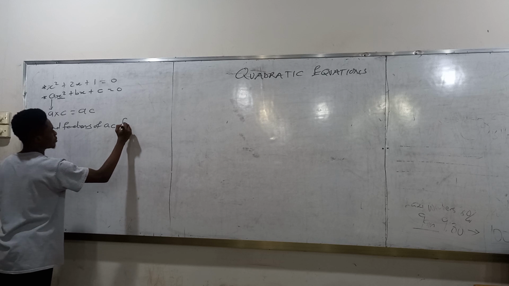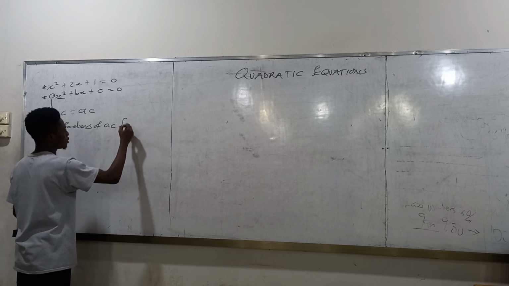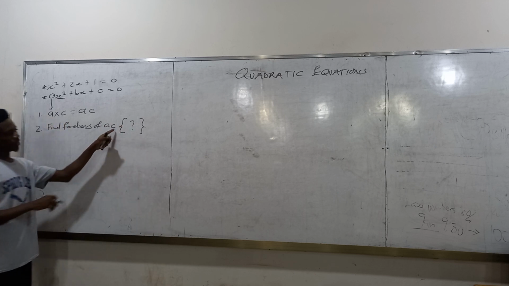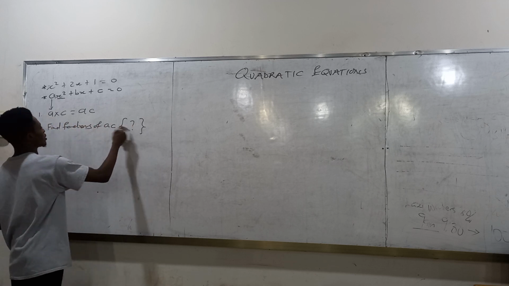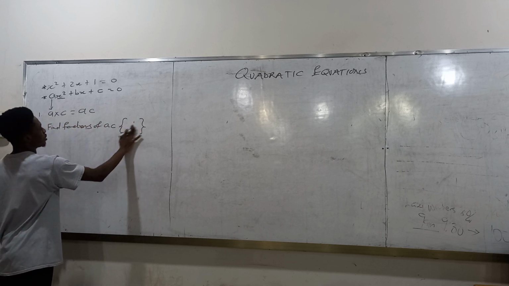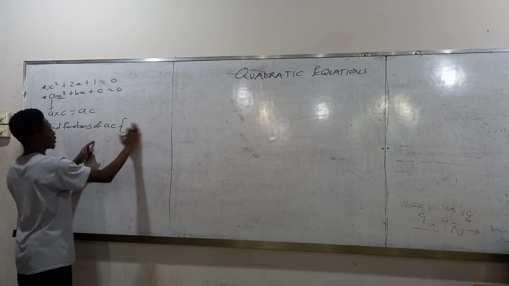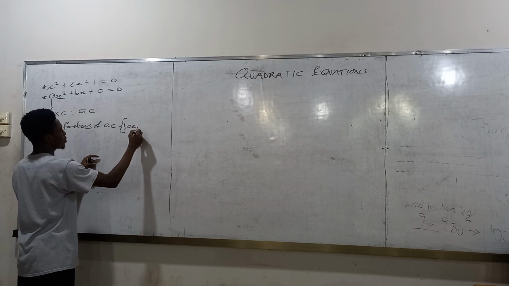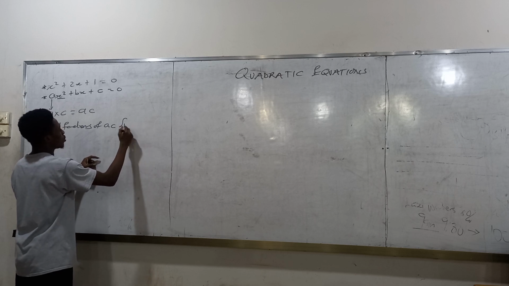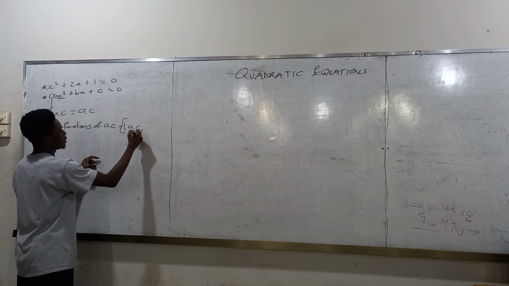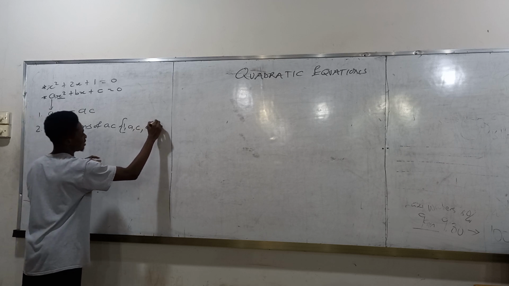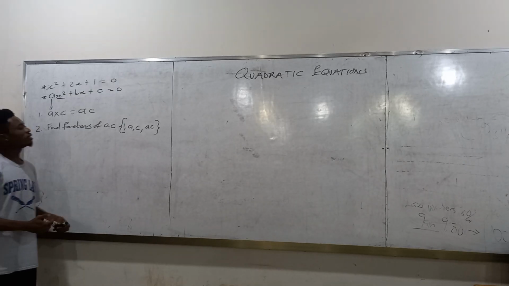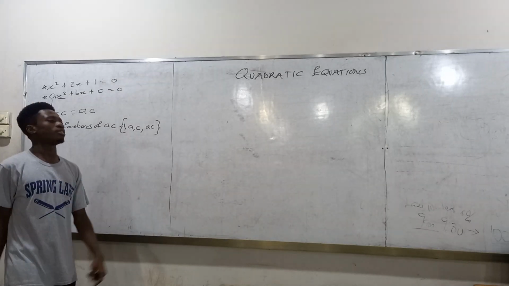You find them, there will be a list of numbers, which we don't know. Let's use this as an example: 1, A, C, and AC. Let's assume these are the factors of AC: 1, A, C, and AC.